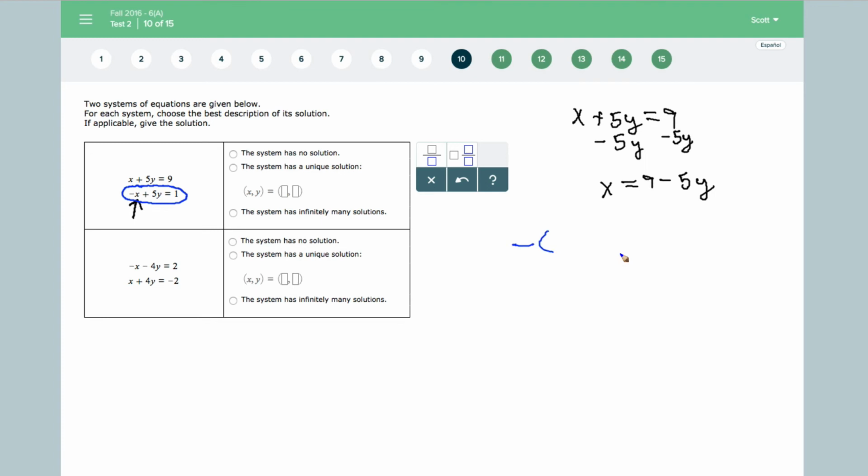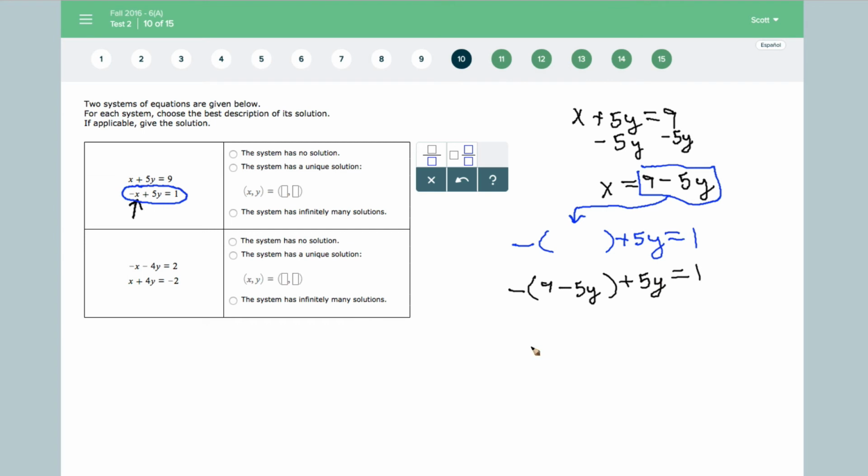Negative x plus 5y equals 1. And what goes in right there? This piece is x. So I rewrite it: negative parentheses 9 minus 5y, plus 5y equals 1.